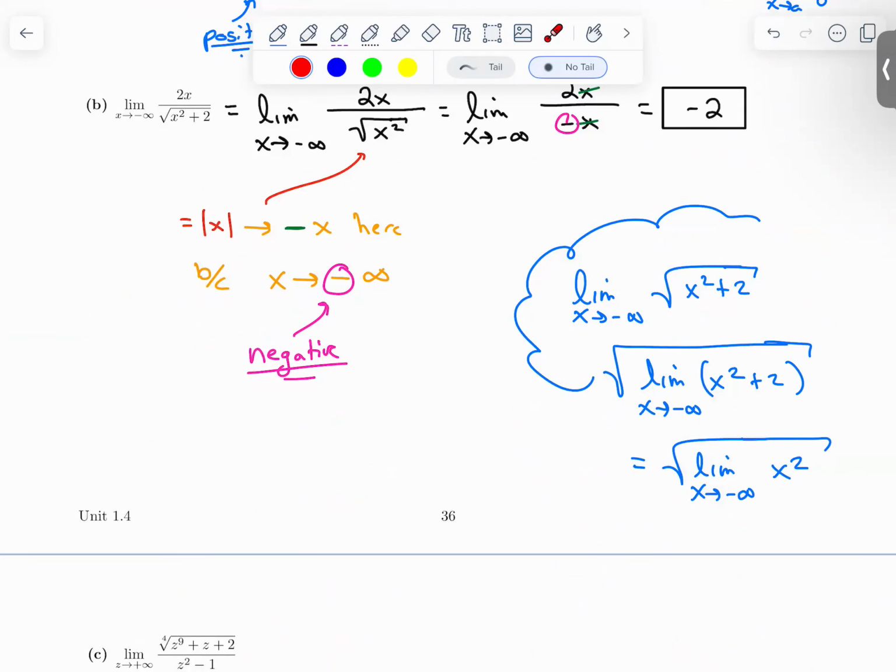Does that make sense? So I can rewrite this as the limit as x approaches negative infinity of the square root of x squared. That's why I can do it in formal lingo. But the intuition is sufficient for me, because that +2 will not matter as we're going to positive infinity. We'll just ignore it.